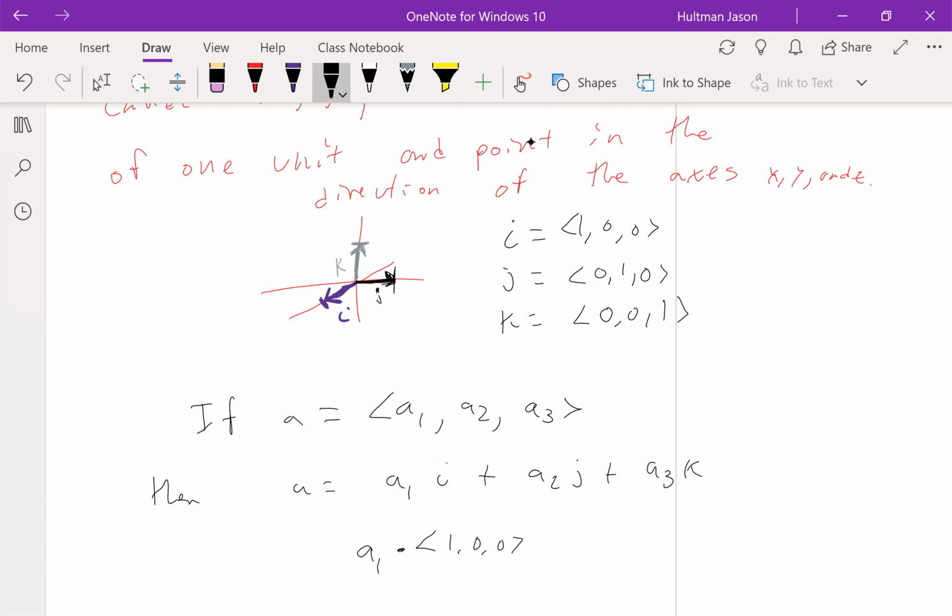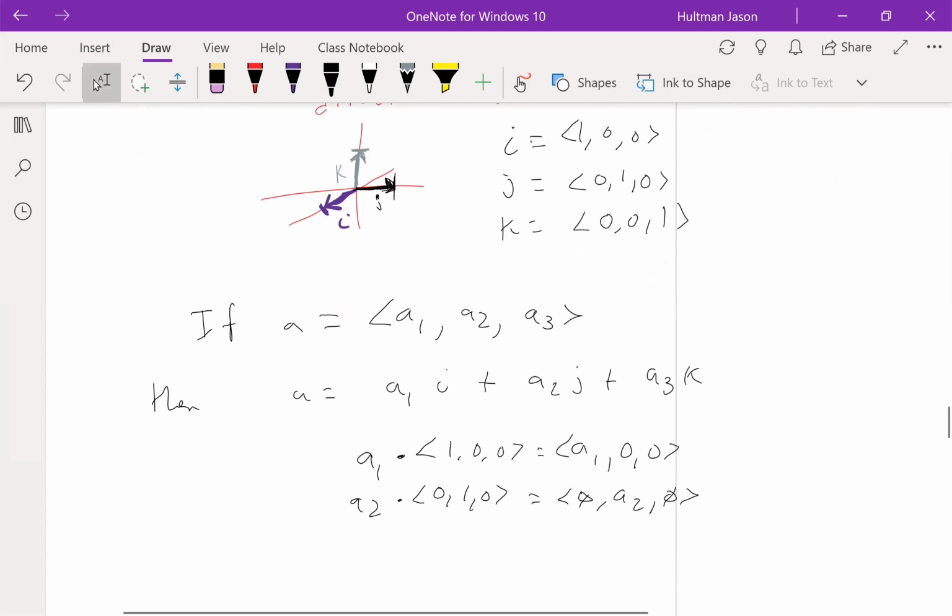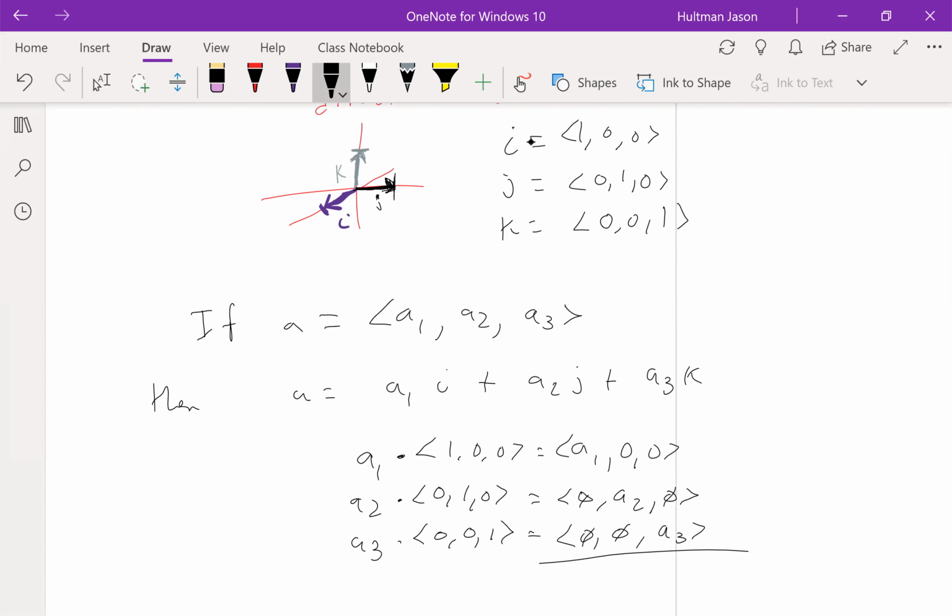So what do I end up with? I end up with just A1, comma, 0, comma, 0. Right? This makes everything else zeros. And then what if I let A2 times 0, 1, 0? Wasn't that just 0, A2, 0? And then if I do A3 times 0, 0, 1, isn't that just 0, 0, A3? And now let's add those three vectors together.